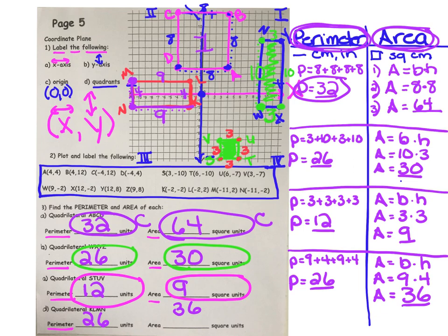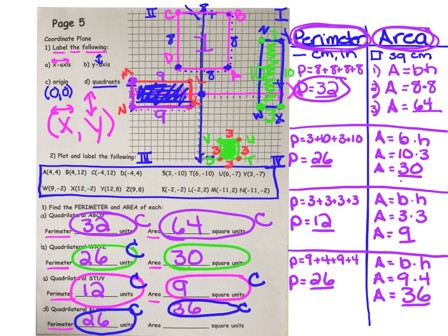And finally, for our last figure, KLMN, right here, it's a rectangle, you should have gotten a perimeter of 26 units, that's the distance around, and on the inside, that flat surface measures 36 square units. If you've gotten these correct, please give yourself a C. This completes the video for page 5.